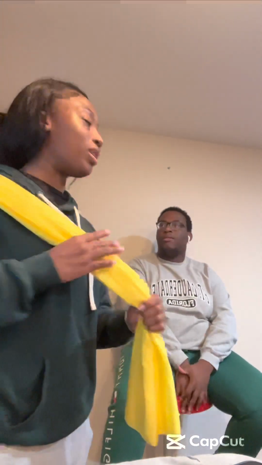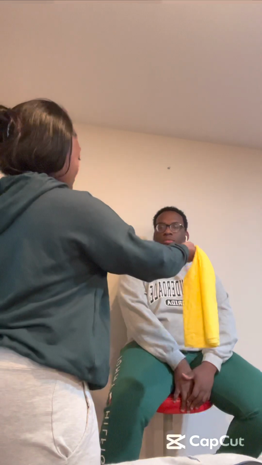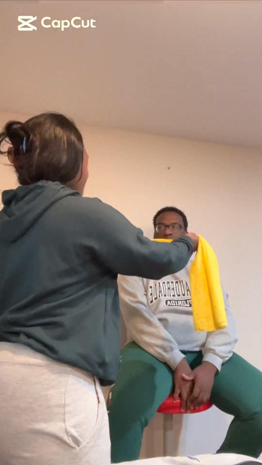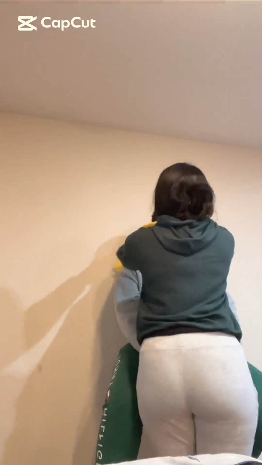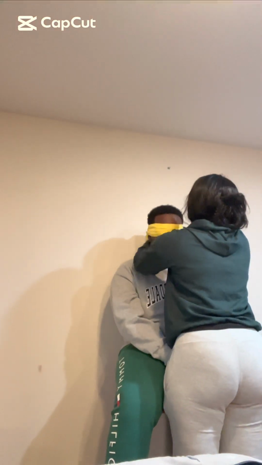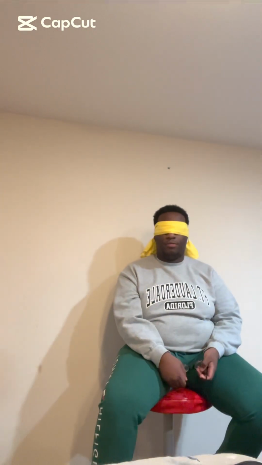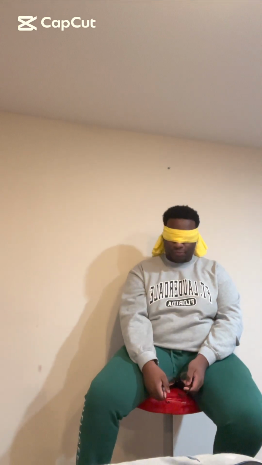Next, I will be checking my patient's cranial nerve 1, and I will ask my patient to take off his glasses so I can put the blindfold on. And I will be assessing my patient's sense of smell. Okay.